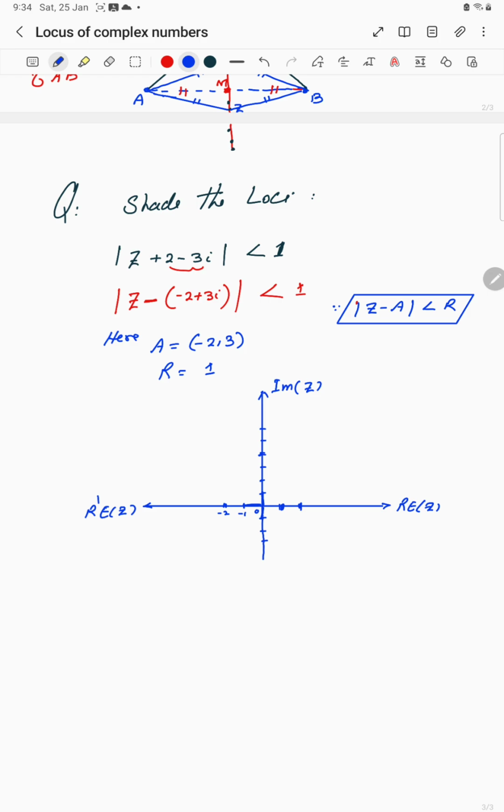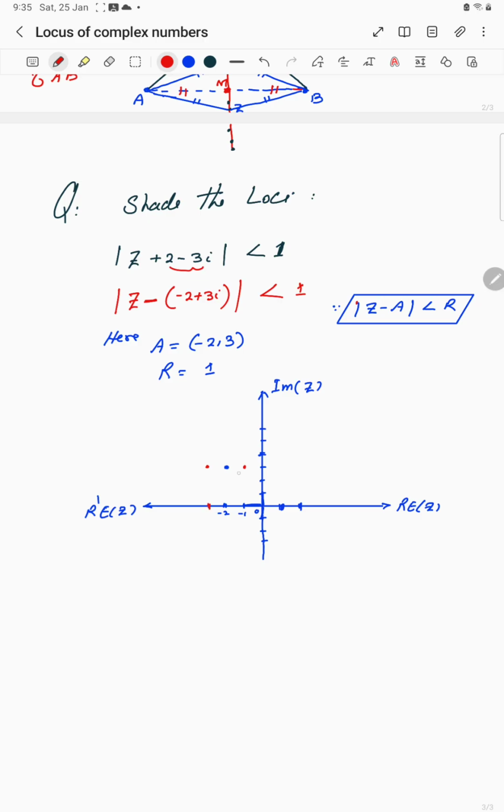The point (-2, 3) will be here. The center of the circle will be (-2, 3), called a. As it has radius 1, we move 1 point towards the right of it, and 1 point towards the left of it, which will be -3 here.